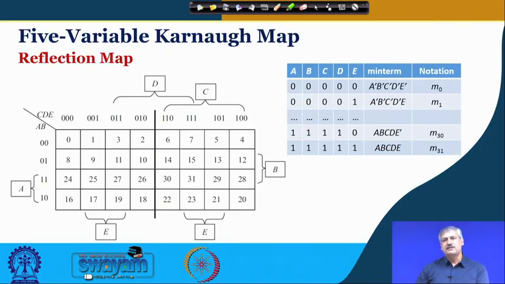So, in today's class, before discussing entered variable map, let us see if the number of variables under consideration is 5. Okay. We have discussed Karnaugh map up to 4. So, now we are looking at this Karnaugh map for 5 variable representation. Okay.